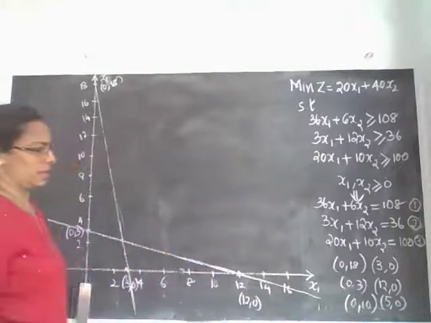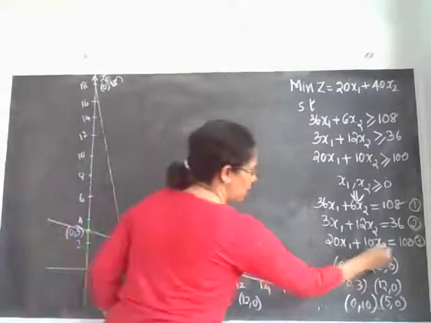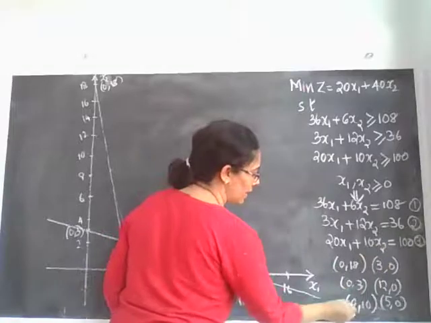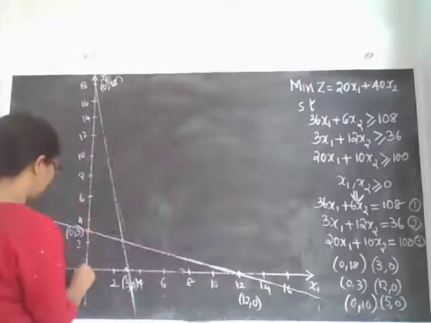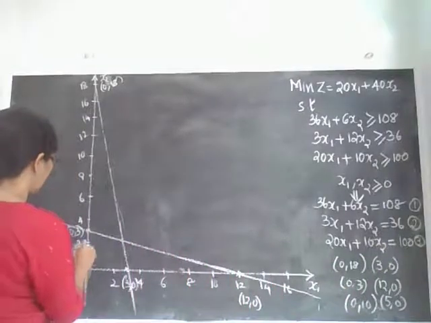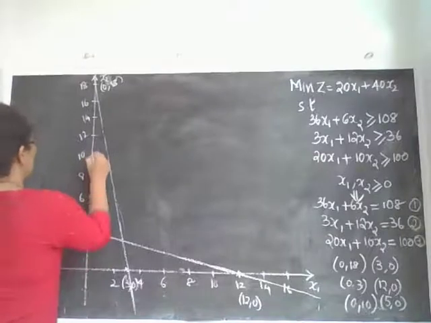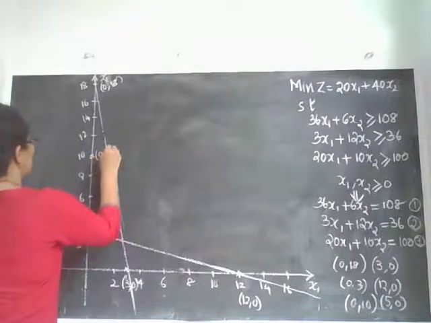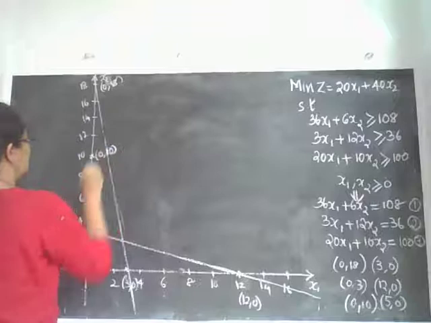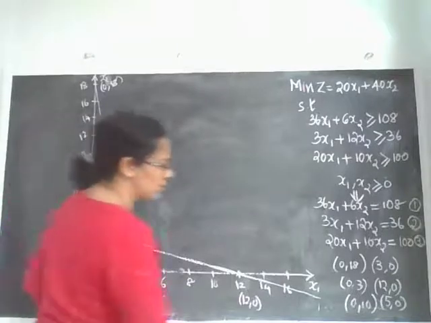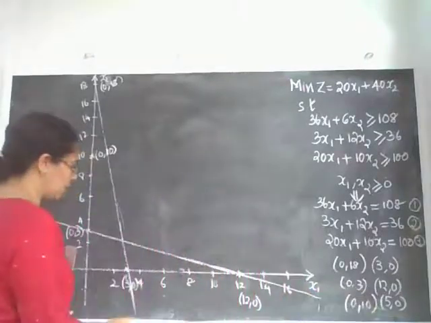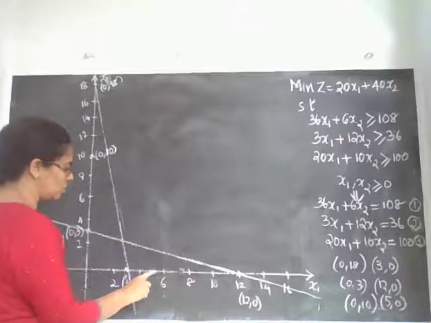Next is 20x1 plus 10x2 equal to 100. I think that is (0, 10): 0 on x1, x2 is 10. So this is the point (0, 10). Next is (5, 0): 5 on the x1 axis and 0 on the x2 axis.